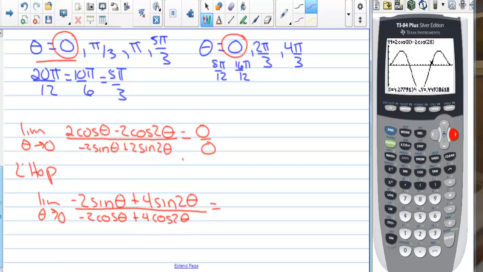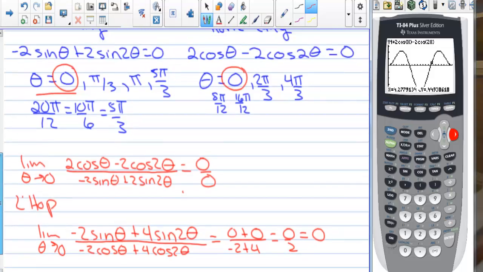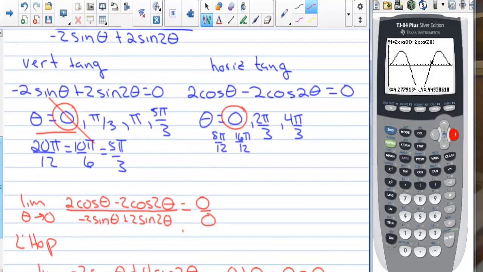And now we got to plug 0 into these. The sine of 0 is 0, so we get 0 plus 0 on top. But in the denominator, the cosine of 0 is 1, so we get negative 2 plus 4. We get 0 over 2, that is 0. So we have a horizontal tangent line at 0, not a vertical. So this does not count in the vertical part.